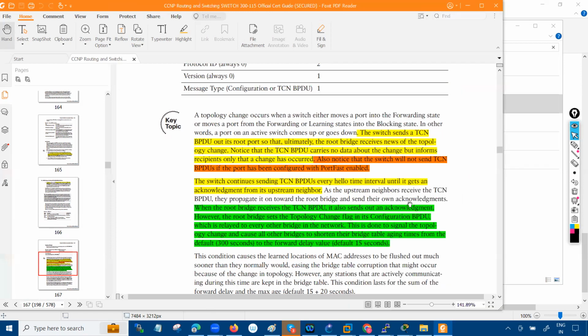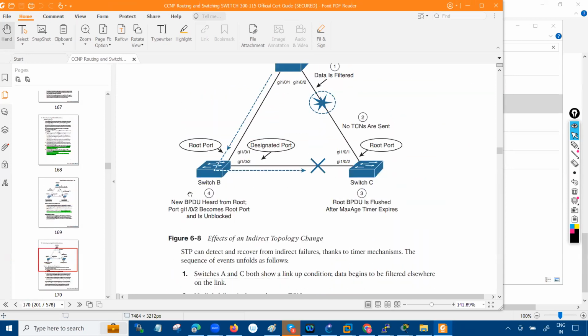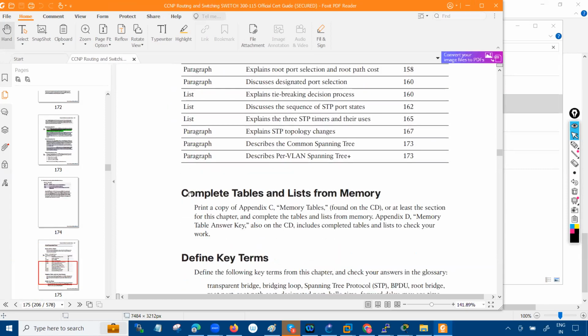If I talk about the MST protocol, there's a slight difference in the MSTP BPDU compared to RSTP, but they are using the same mechanism, the same flags, proposal and agreement.